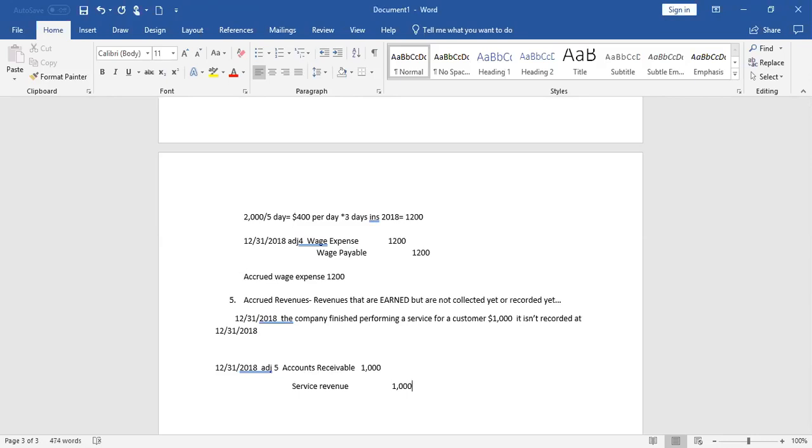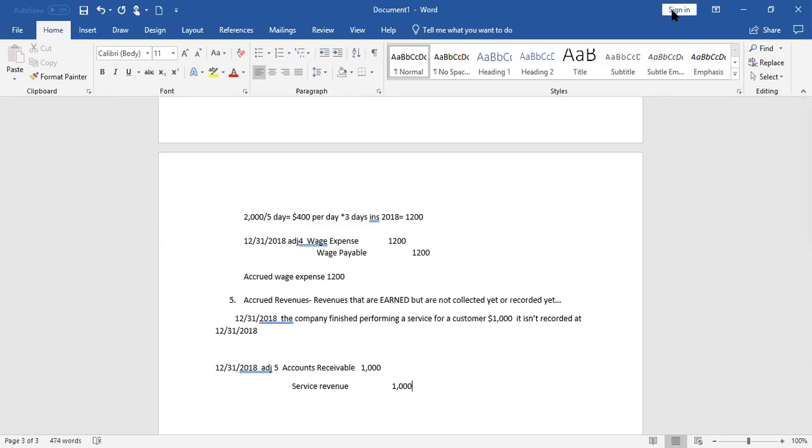Very simply put. So if you come across, and you will in your homework, where revenue's been earned, hasn't been recorded yet, hasn't been collected yet in cash, then you have an accrued revenue. Debit accounts receivable to show that it's owed to you, record the service revenue. You've earned it. You've performed the service.